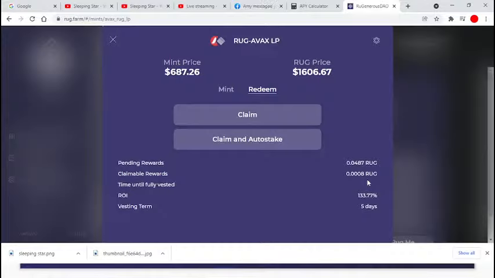Yeah, I'm going to be doing that in a few hours since rebase is happening. What I'm going to be doing is I'm going to claim what I'm getting out of this, and I'm going to stake that from my wallet.